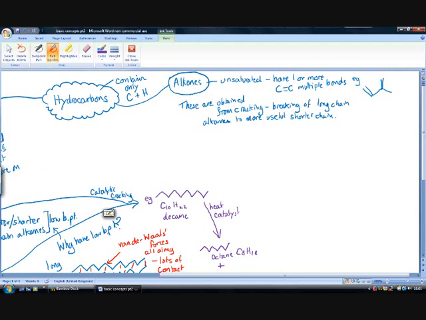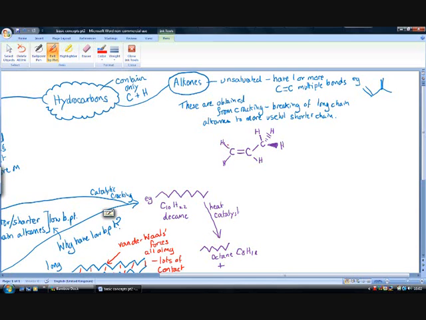Before we go on to the reactions of alkenes, we'll have a look at the bond angles and shapes that result from alkenes. This is propene, so it contains one C-C double bond and one C-C single bond.